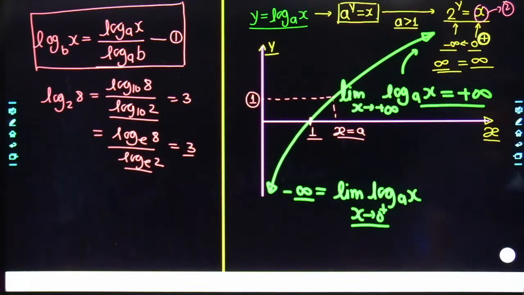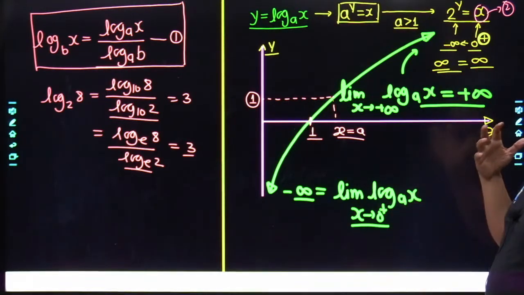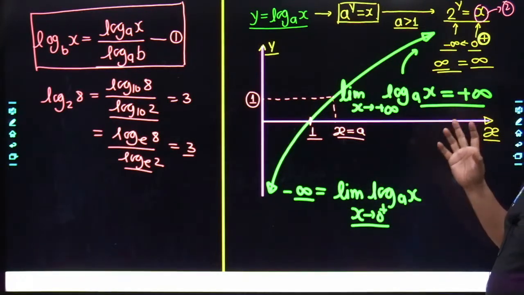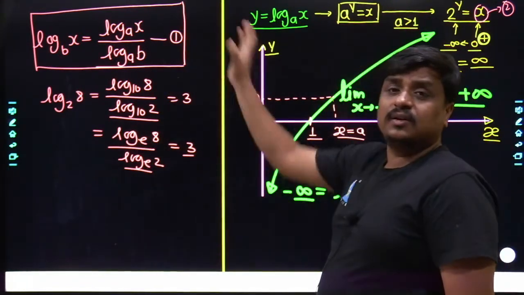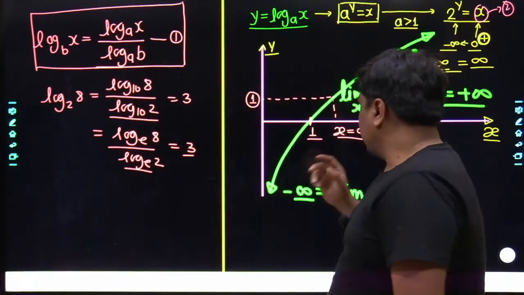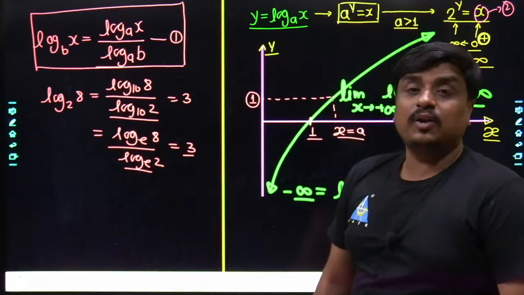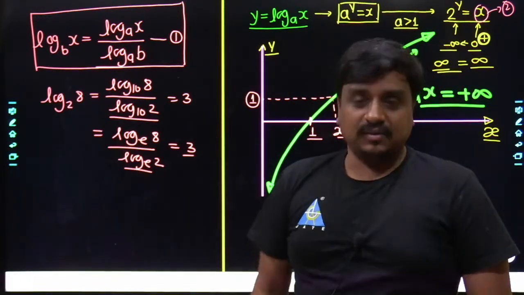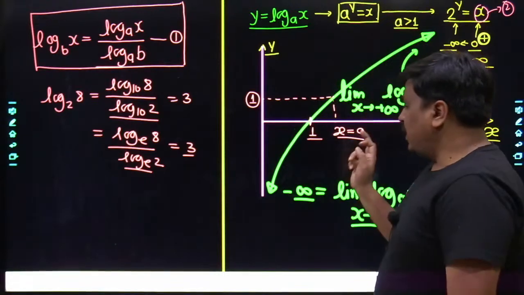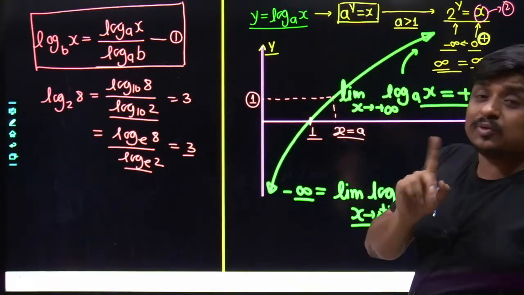I know many of the students used to get stuck over this point. Many wrong misconceptions they used to have; they should not have any wrong misconceptions. No, the log curve does not prevail in the second and third quadrant, because in the second and third quadrant the value of x would become negative, and for a negative value of x the log cannot be applied, which we have already derived. Similarly, when x is reaching towards 0 plus, why am I saying 0 plus?